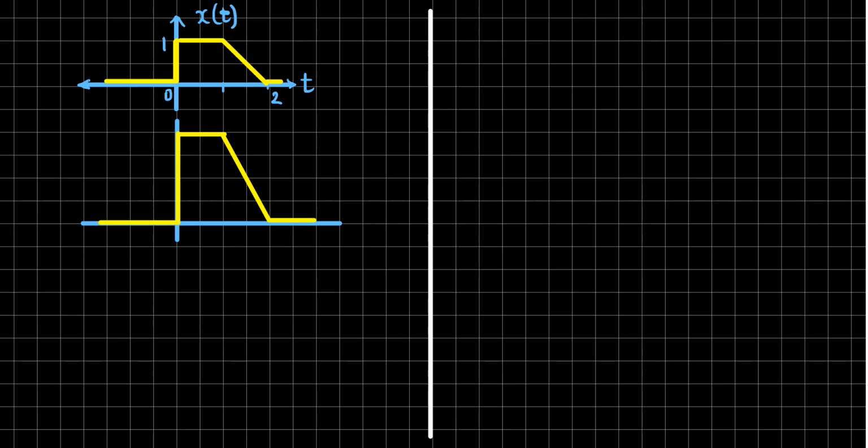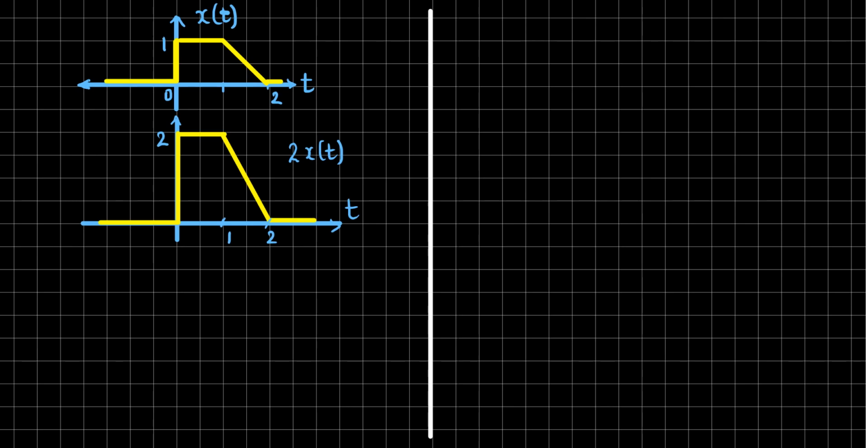Let me mark the axis. This is 1, this is 2, whereas the y-axis mark here is 2. Now if I am scaling this signal by a factor of 2, I'll express this as 2 times x of t. The new signal is the same as the old signal, but it is being scaled by a factor of 2.